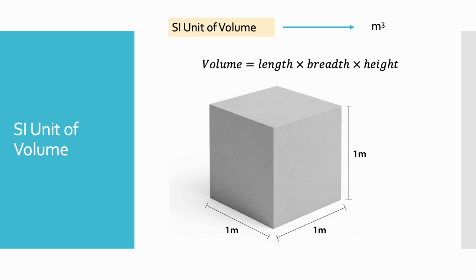So the volume is length multiplied by breadth multiplied by height, which is 1 meter multiplied by 1 meter multiplied by 1 meter equal to 1 meter cube or 1 cubic meter. This is called a unit volume. It's the standard reference for measuring the volume of any object in the SI system.